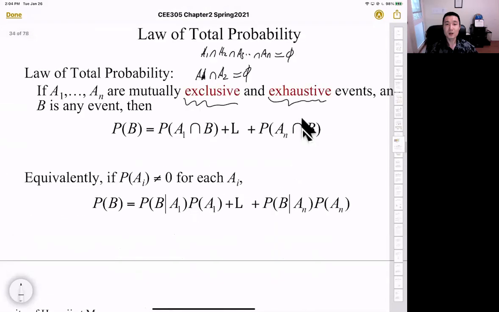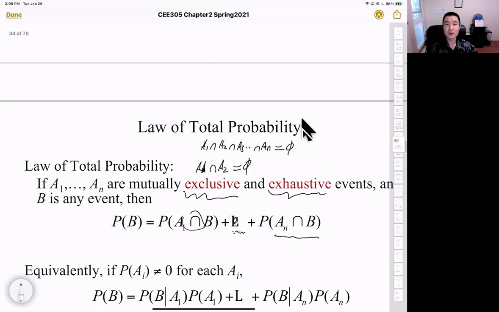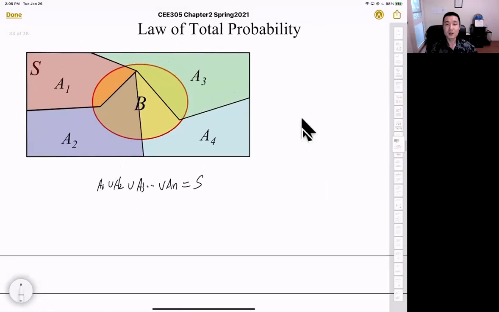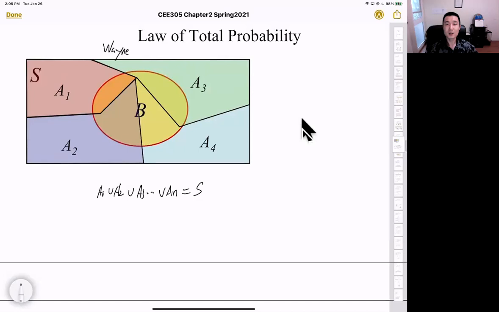Then P(B) is equal to P(A1 and B) plus P(A2 and B) plus, up to P(AN and B). Seeing from the Venn diagram, we call this diagram a Venn diagram, A1 and B is this shaded area.